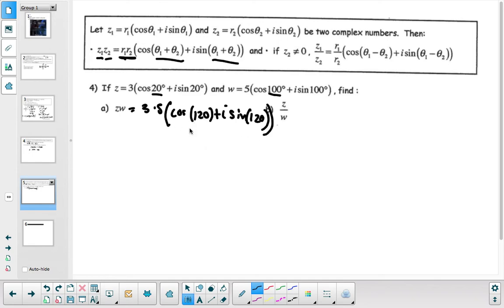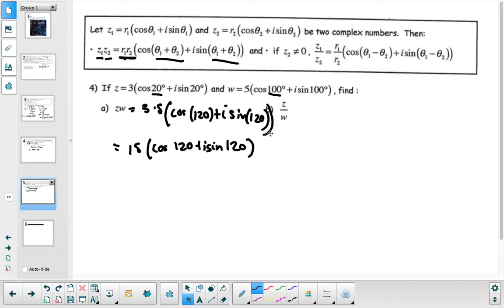You could easily figure out what that is in rectangular form, but it doesn't really make sense to do that because we don't know what these are in rectangular form. So you want to end with the same form you start with, unless given other directions. But you could actually figure out what this is in rectangular form. So if you wanted to, go for it. I'm not going to because I don't have to.